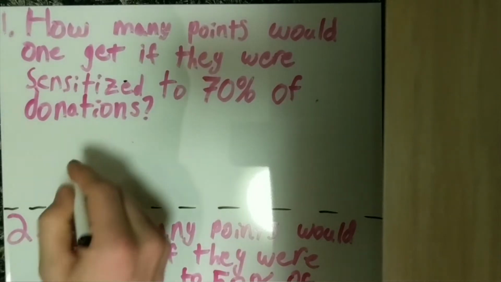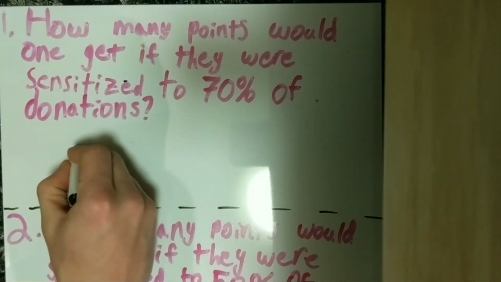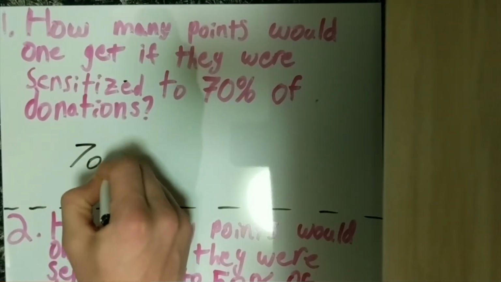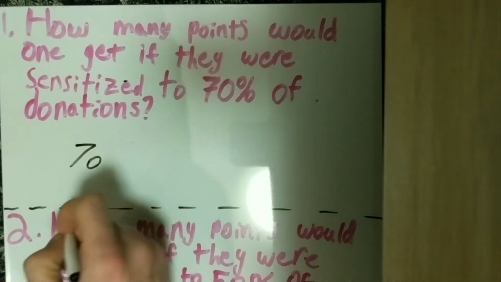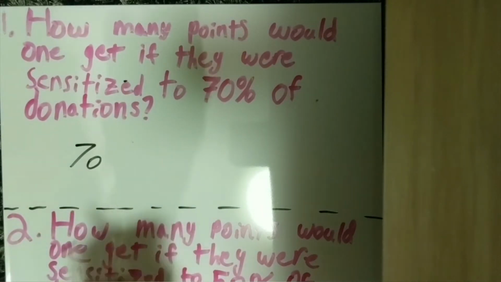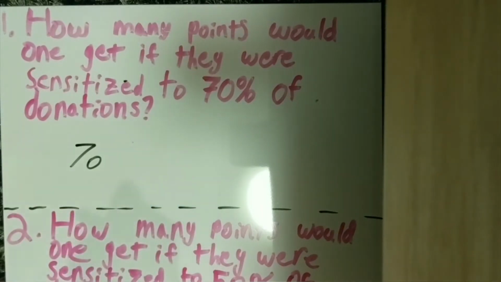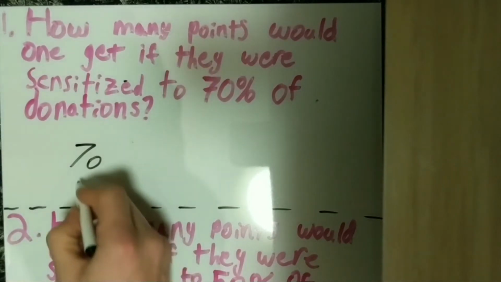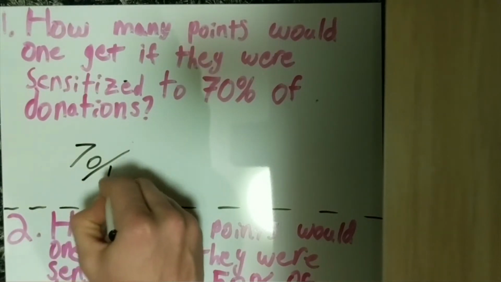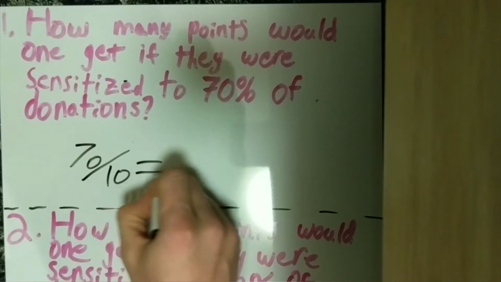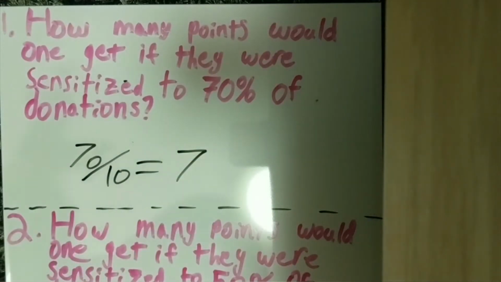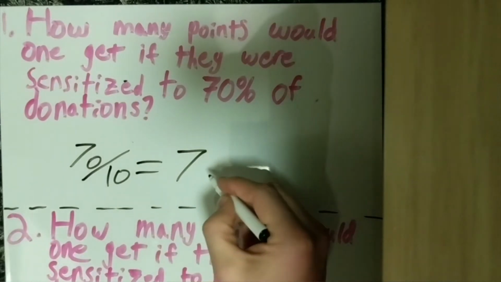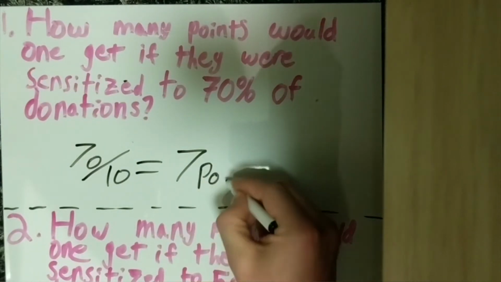So in this situation, this person is sensitized to 70%. In order to find how many points that this person gets, you need to divide your percentage by 10. So divide 70 by 10. This will give you 7. So in this situation, the person would get 7 points.